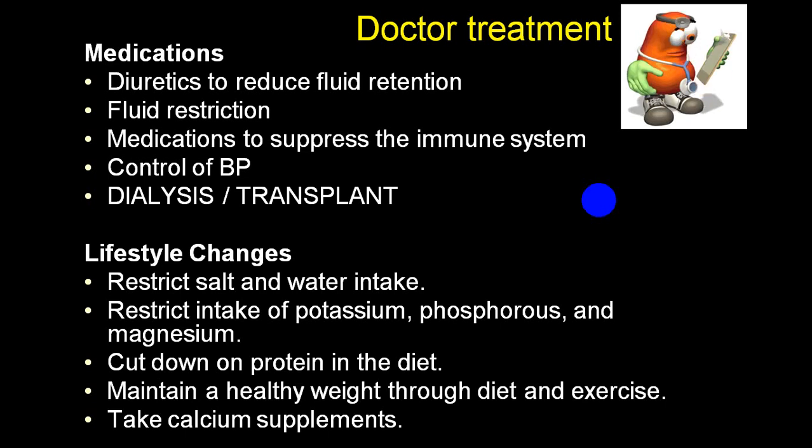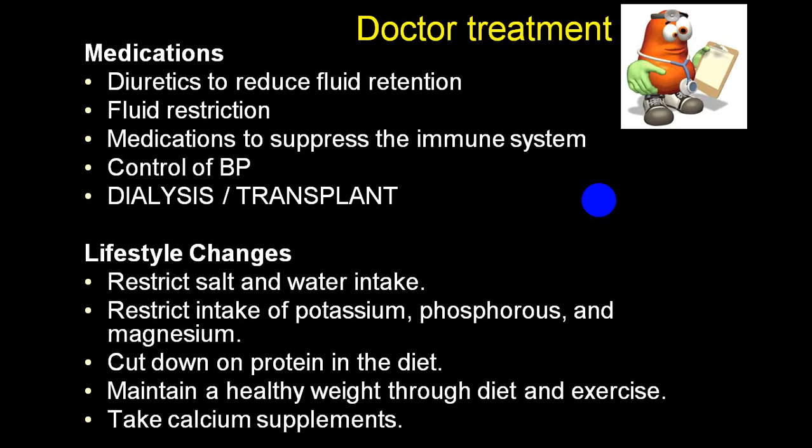When you use strong loop diuretics, they can produce hyponatremia and hypokalemia, and sometimes the person can go into hypovolemia. So diuretic therapy should be used with proper caution. Fluid restriction is usually done to reduce water retention.